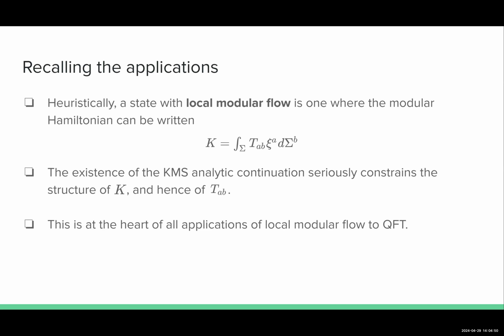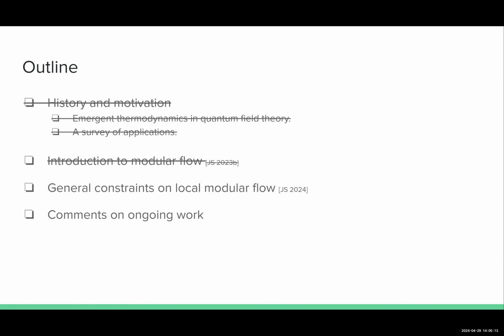If I have a local modular flow, then there is going to be some integral like this. The modular Hamiltonian can be written as the integral of the stress tensor dotted into a vector field. And what you really get from the information about K is some information about how the stress tensor relates to this vector field. And that's something that you can draw conclusions from, where the vector field is going to have some sort of symmetry property. Yes, that's what the general constraints on local modular flow are.